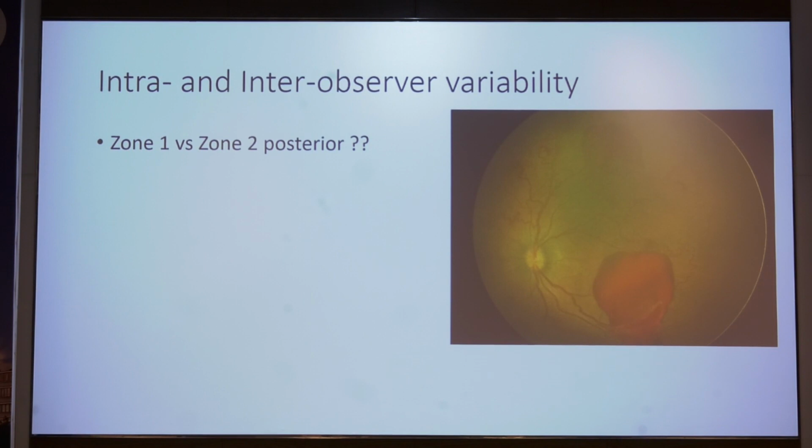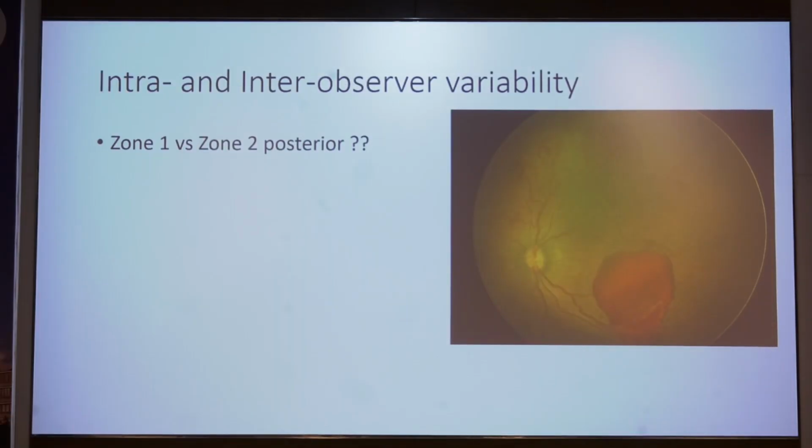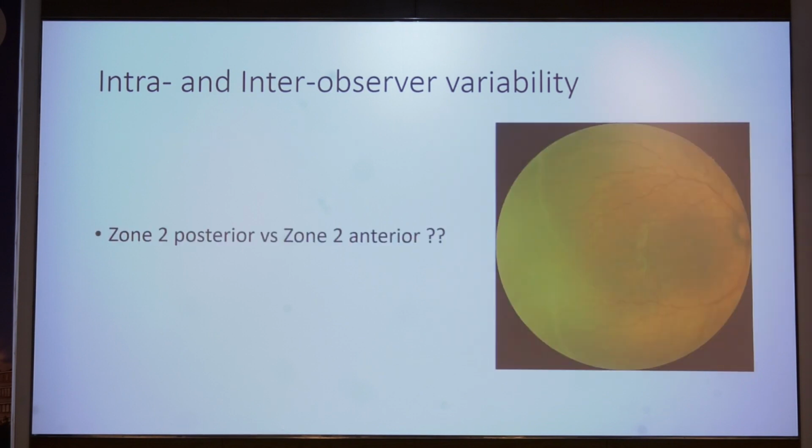Some will categorize this image as zone 1 disease; I'll categorize it as zone 2 posterior disease. Even a single person may categorize it as zone 1 or zone 2 posterior disease depending upon the field of view and the quality of the image. So there is huge variability.